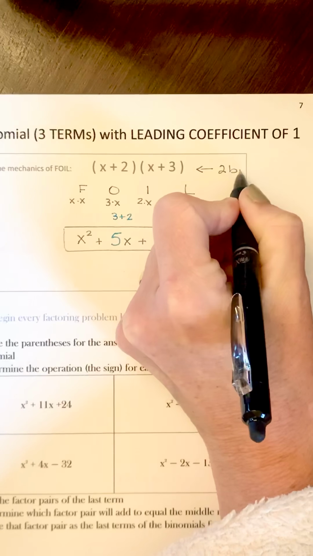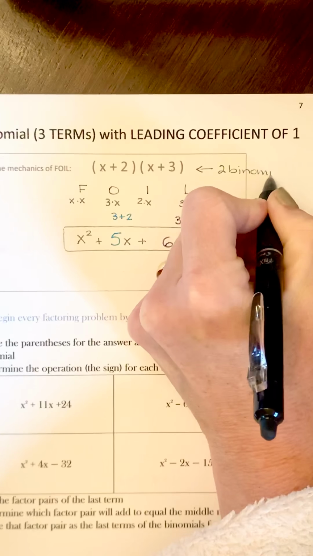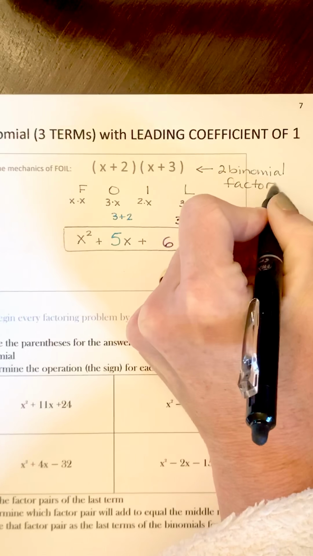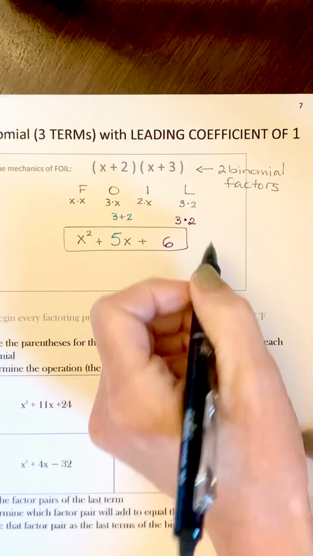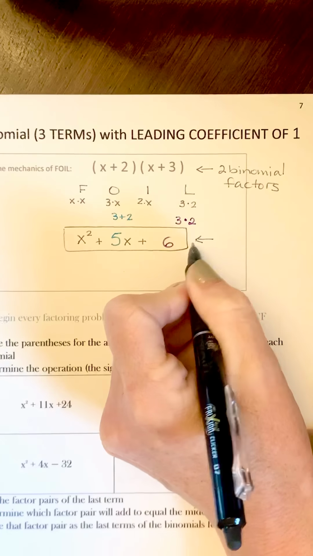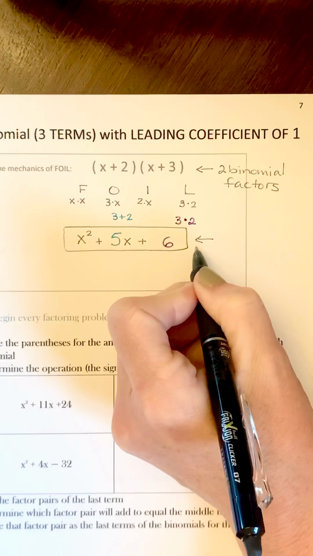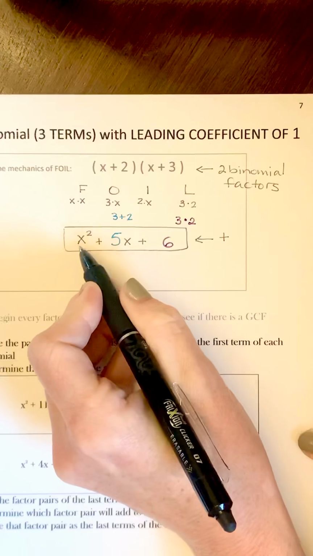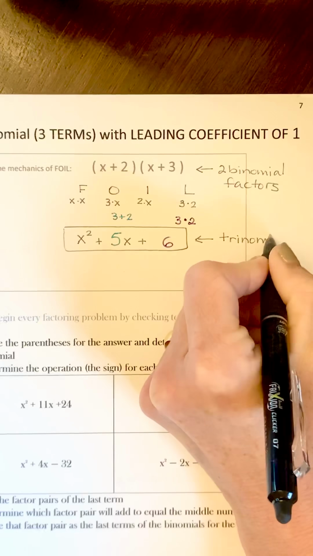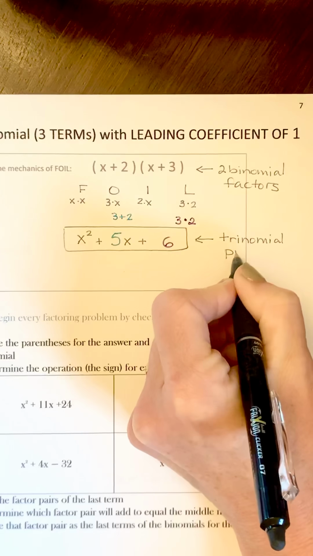It's 2 binomial factors. Remember, what's being multiplied together is called a factor. The answer you get when you multiply your factors is called a product. So this is a trinomial product.